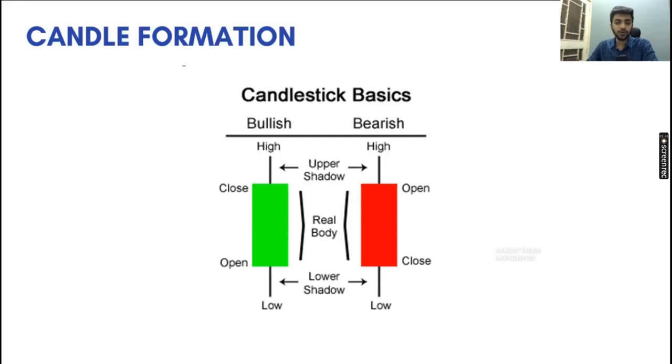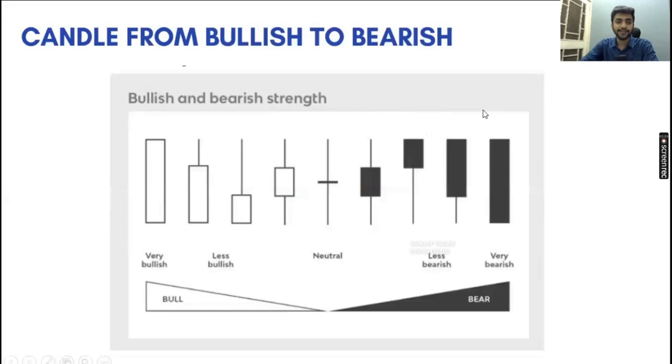Now let us look at the candles ranging from bullish to bearish and how they look. These are the candlestick ranges, and this ranges from bullish to bearish, the neutral being in the center. Why will this be very bullish? Because it is completely full of body. There are no wicks.